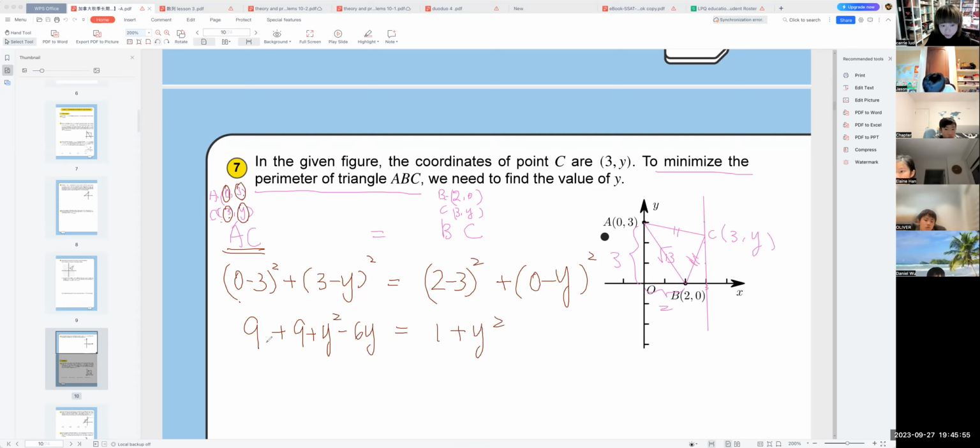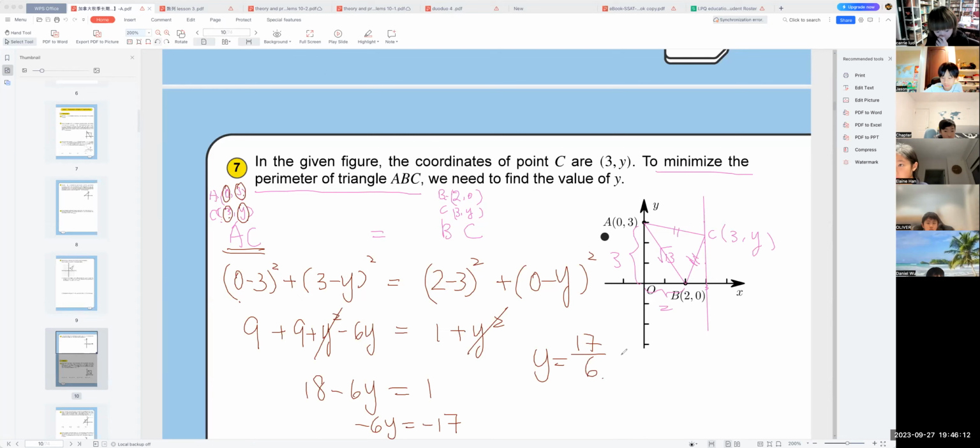Sorry, I forgot the squared. So y squared and y squared are gone. So 18 minus 6y equals 1. So negative 6y equals negative 17. So y equals 17 over 6. So you're done.